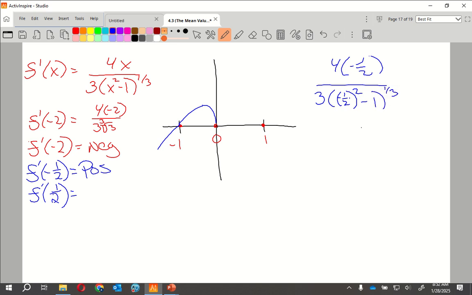Okay, on the top, I'm going to get a negative, right? On the bottom, because this is going to become a positive 1/4, right? That's positive 1/4 minus 1. So it's a negative 3/4.